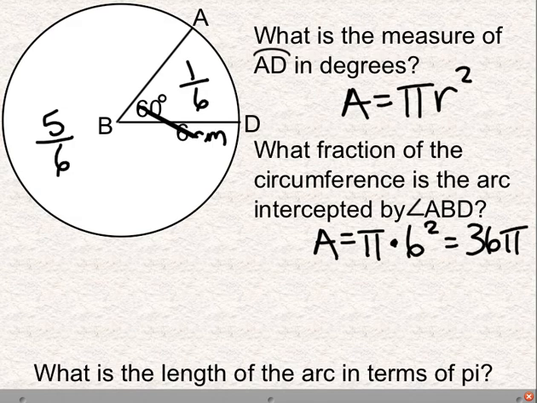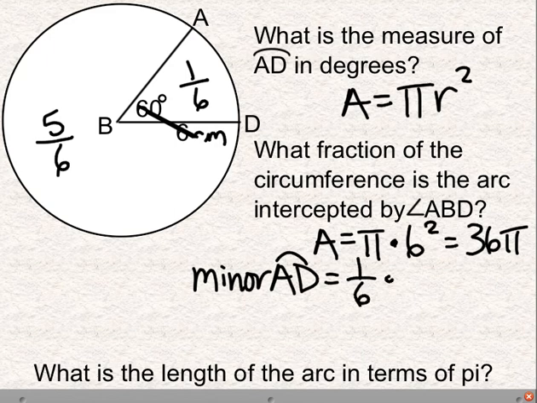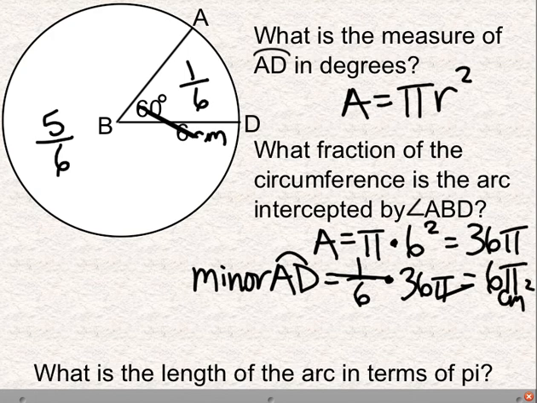Well, let's say I just want my minor arc of AD. That means that I just want 1/6 of, and of means multiplication, 36 pi, which means that I have a portion that is 6 pi centimeters squared. That's just this part right here, 6 pi centimeters squared.